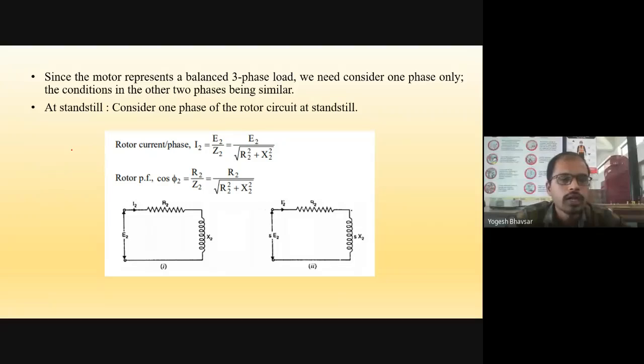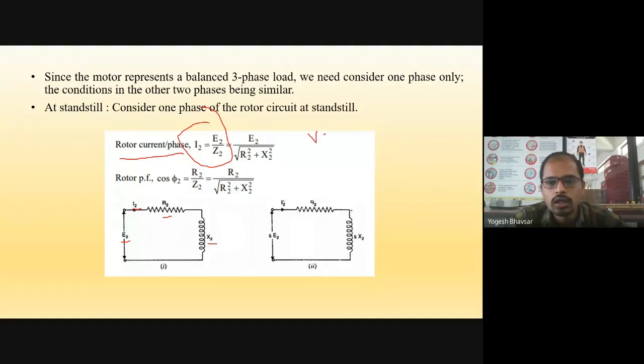So first of all, let's see the stationary condition. Consider one phase. Here for the rotor circuit, we have E2, the reactance X2 and the resistance R2, and the current flowing through will be I2. So rotor current per phase I2 is equal to E2 by Z2. This is simply Ohm's law.